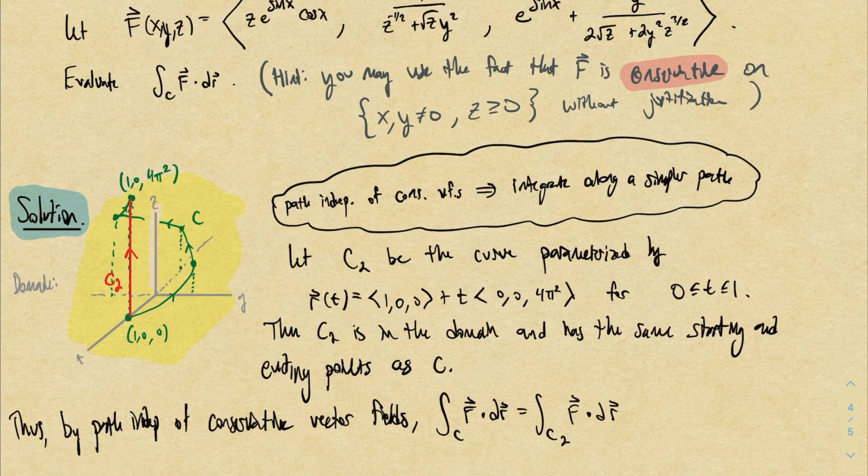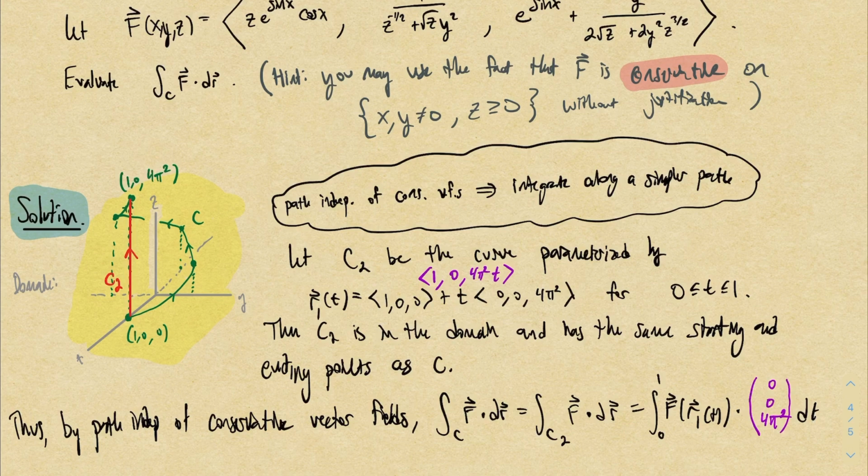We can evaluate it as usual. We turn it into a single variable integral from 0 to 1 coming from our new parameter domain. We'll get f of our parameterization dot r prime of t. Now look at r prime of t. It's going to be the vector (0, 0, 4 pi squared). So I'm being a little lazy here, and I encourage you to work out the details to make sure you understand what's going on.